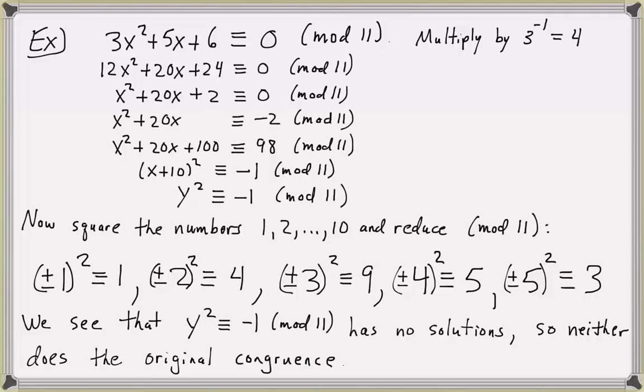So we'll soon figure out a way to determine if a congruence like this final congruence, y squared congruent to -1 mod 11, is solvable without going through and listing all the residues mod p.